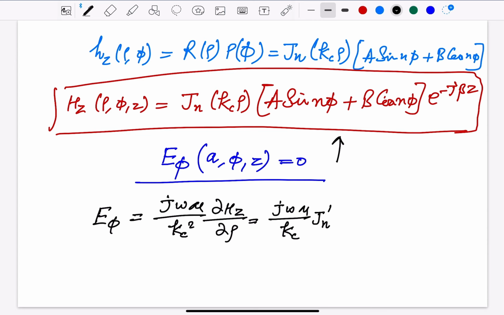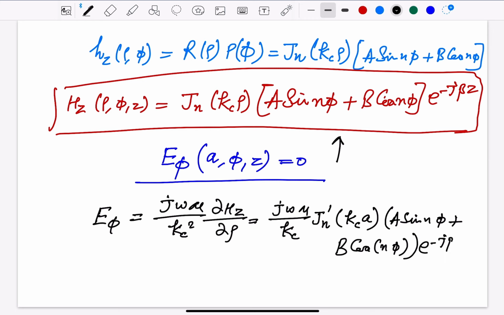And in place of rho we are making it a. So let us write down kc a, and of course A sin n phi plus B cos n phi and e to the power minus j beta z, and this should be 0, as per the boundary condition.